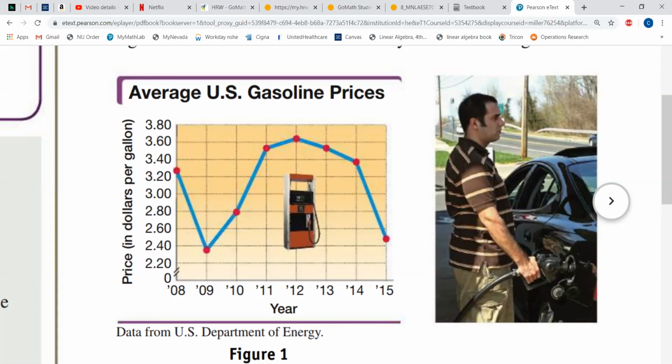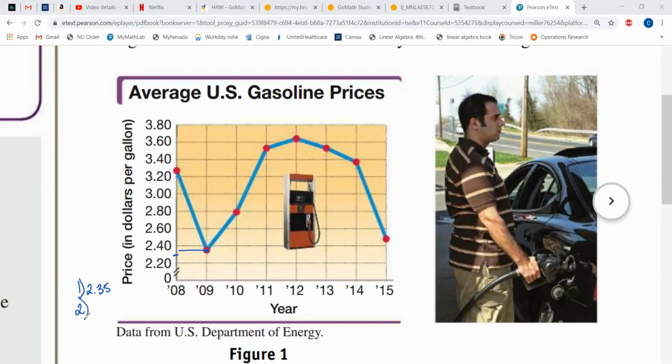Try to find it for 2009. And so 2009, you should start at the bottom and go up right here where our point is. That's roughly right there, a little bit over the 2.3 mark, so maybe 2.35. So I'm going to go ahead and say 2.35 for that first one. And then we'll mark it like that.